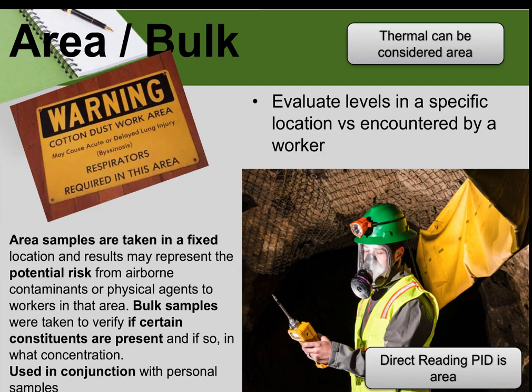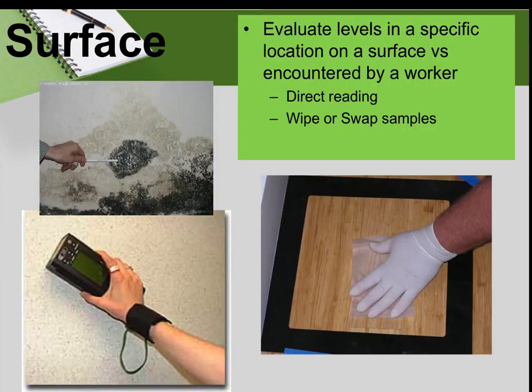This isn't personal sampling, but area sampling. They're usually done in conjunction with one another. Bulk samples are used to verify if certain constituents are present, and if so, in what concentration, so then we can narrow down our personal sampling and be more specific.